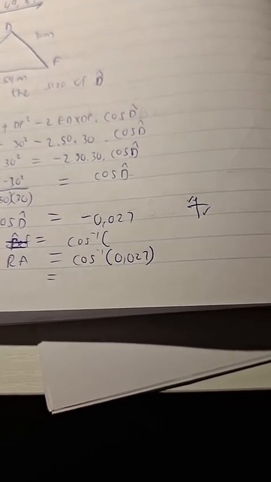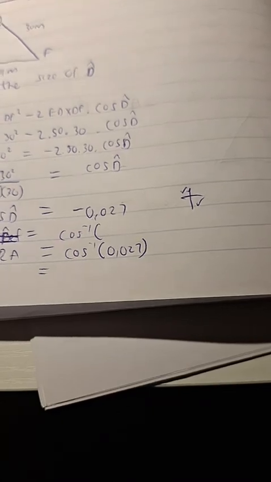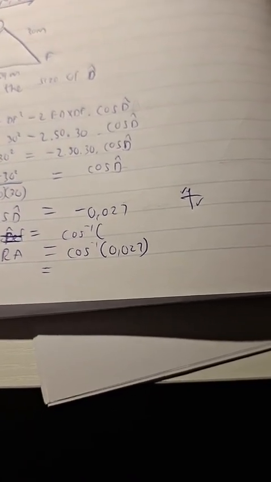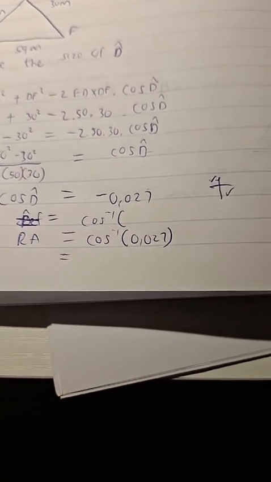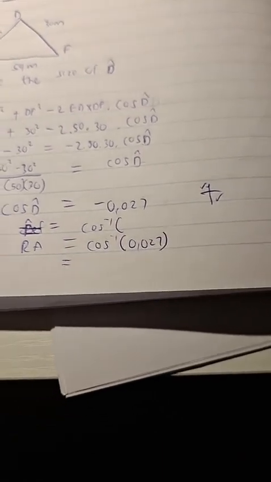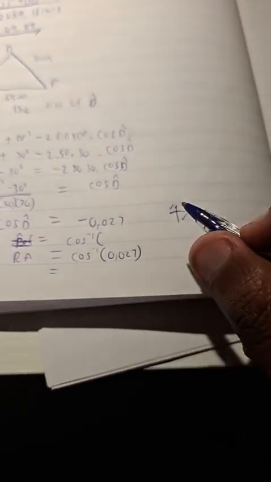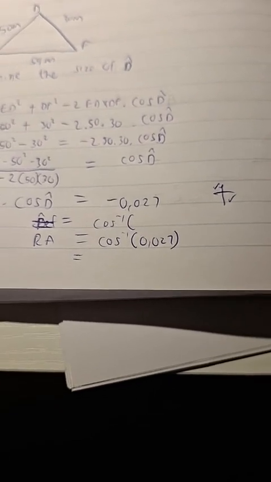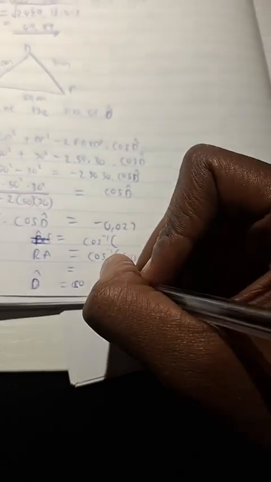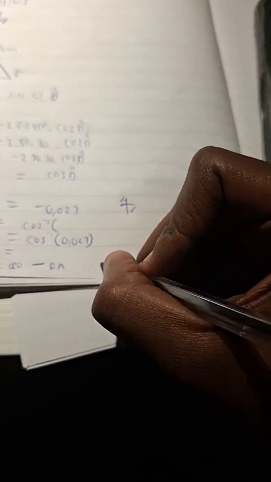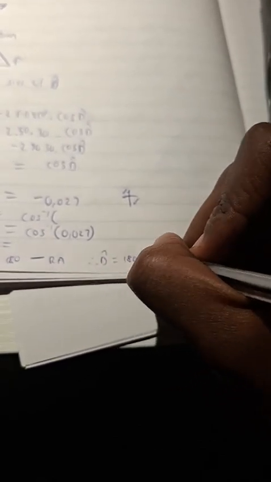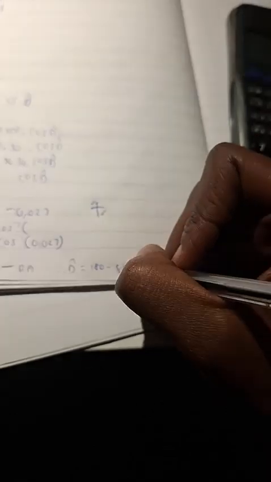So I'm trusting that you guys' answer is fine. Okay, 88, right? And then from there, that's my reference angle. So to get angle D, I'm going to subtract 180 minus that reference angle, 88, comma.